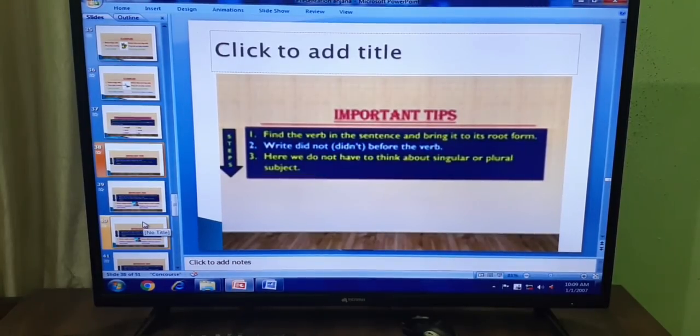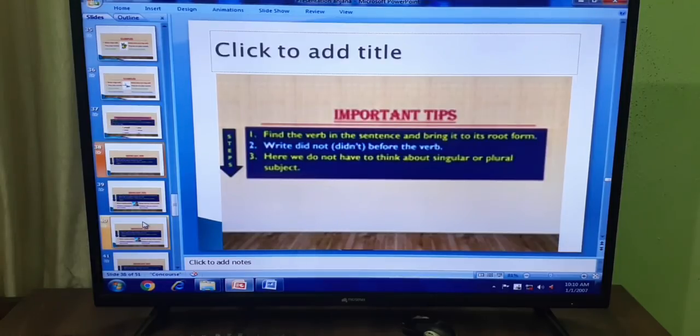Now some more important tips. I have divided them into 3 simple steps. The first step is to find the verb in the sentence and bring it to its root form, meaning base form.